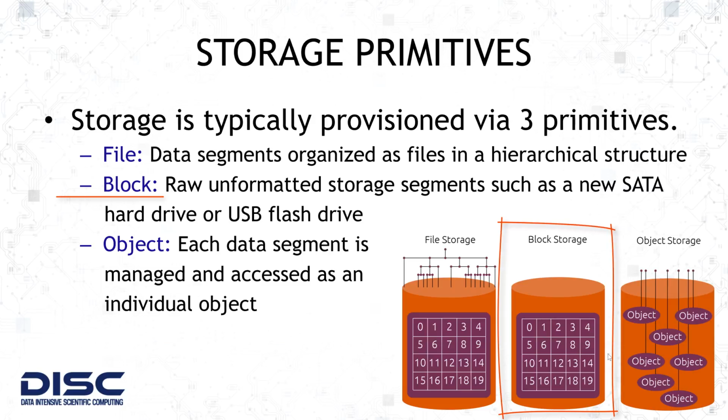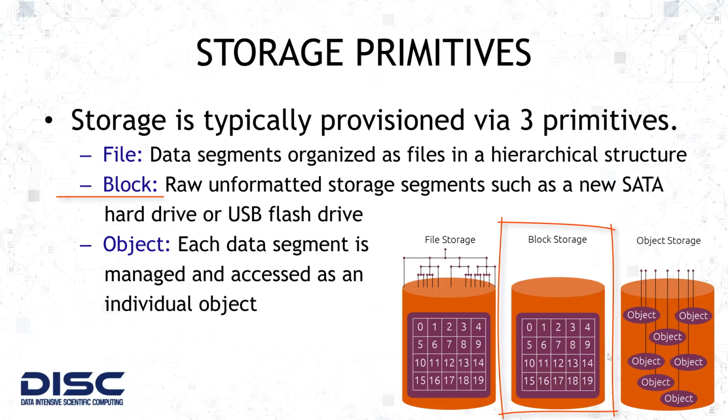The next primitive is block storage, and you can think of block storage in terms of raw unformatted storage that you might get with a brand new hard drive or an unformatted flash drive. The operating system simply sees this as individual blocks on a storage device. It hasn't been formatted yet. A file system has not been laid on top of that.